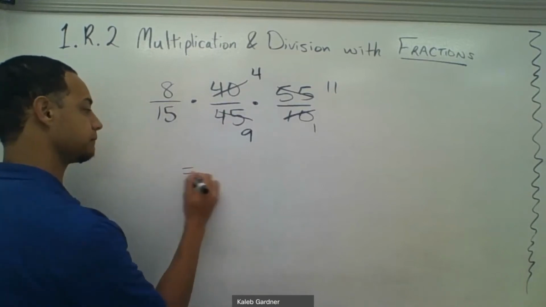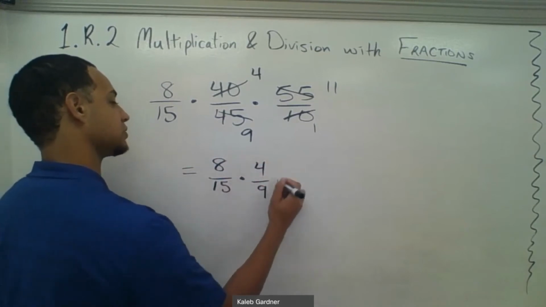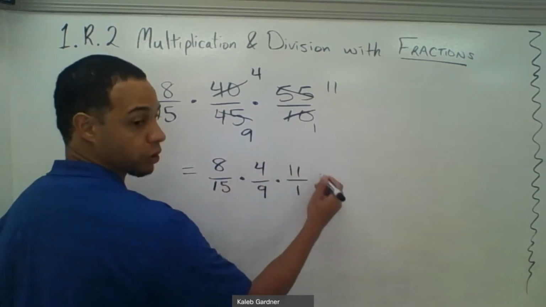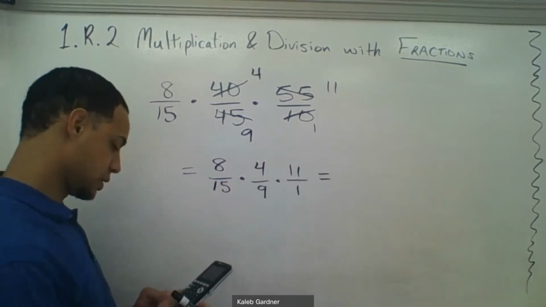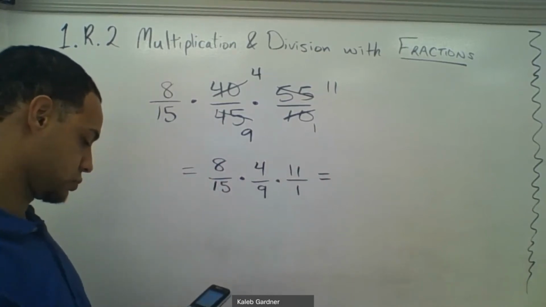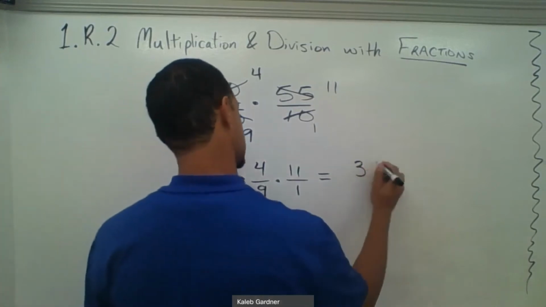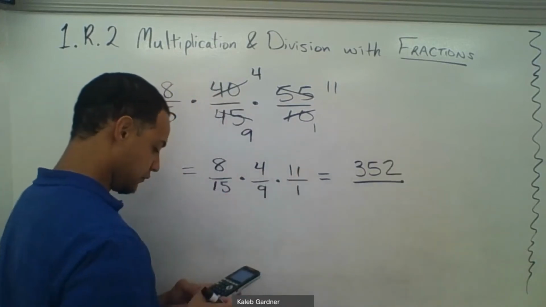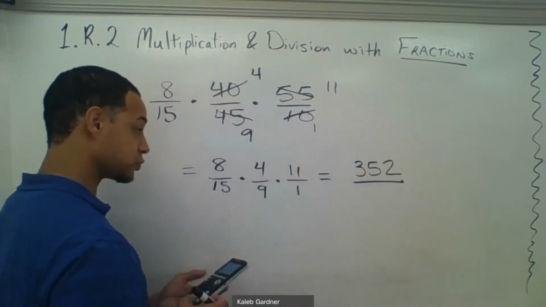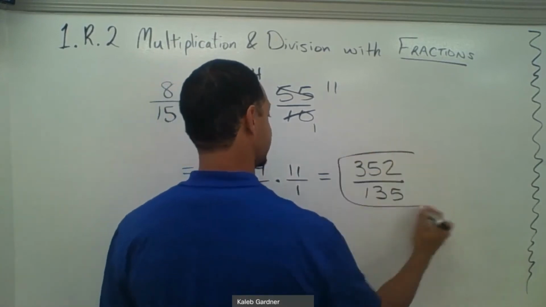So let's rewrite it. 8/15 times 4/9 times 11 over 1. Let's see what we got. 8 times 4, 11 times 11 is 352. Remember, we multiply straight across. 15 times 9 times 1 is 135, and that's our final answer.